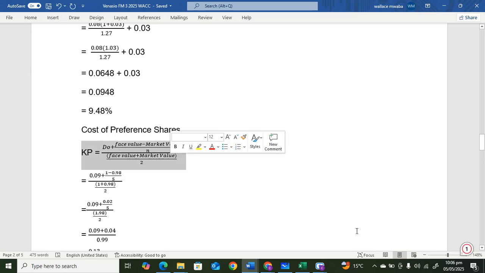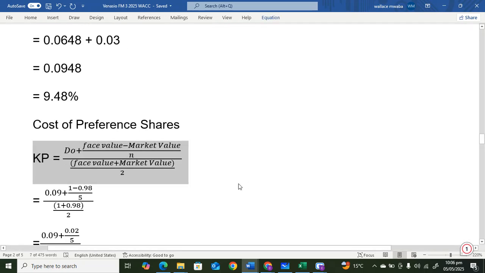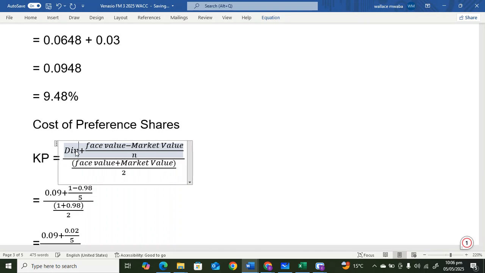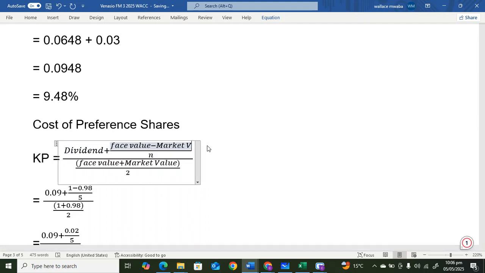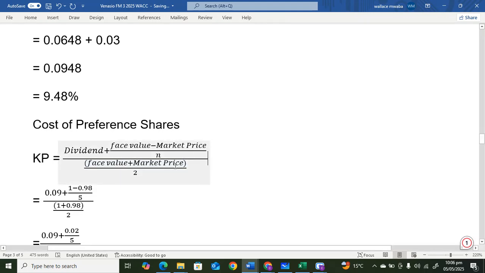D0 basically is the dividend for the preference shares, plus the face value minus the market price, divided by n, over the face value plus market price, divided by 2.